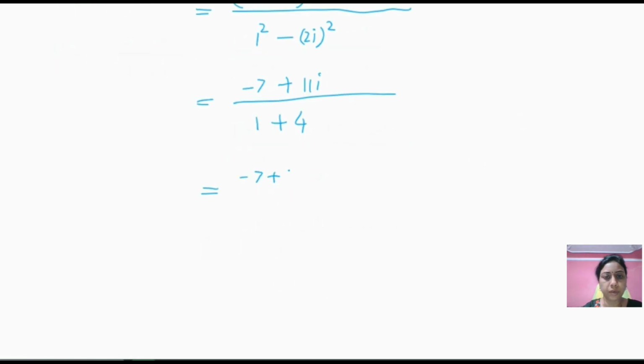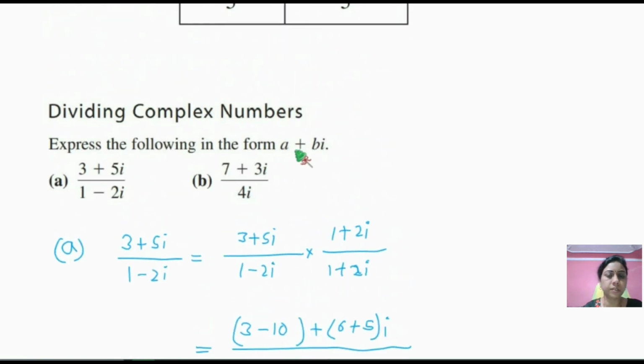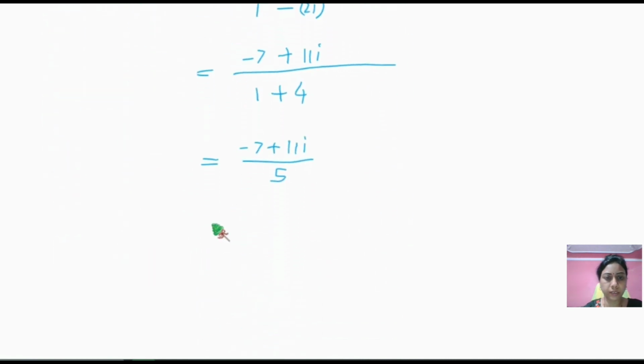Minus 7 plus 11i divided by 5. The answer is asked in a plus bi form, so we write minus 7 divided by 5 plus 11 upon 5 i, dividing by 5 here and here also. So the a value is minus 7 upon 5 and the b value is 11 upon 5.